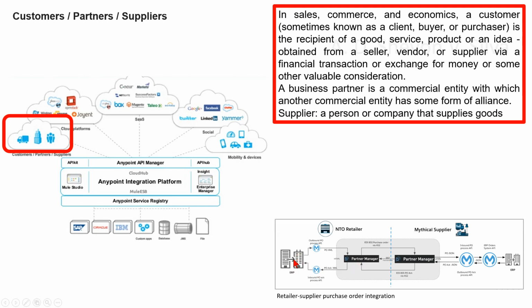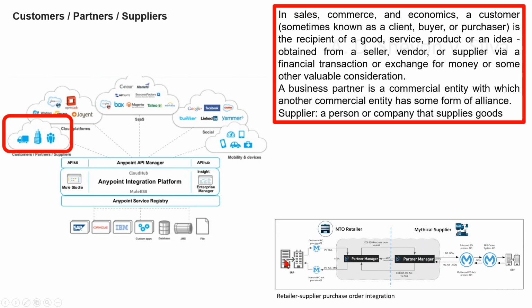Here you can see the ERP, the outbound PO process APIs and inbound PO process APIs, and partner managers in the NTO retailer, and here the partner manager, outbound PO process API, ERP order system API and ERP in Mythical Supplier.